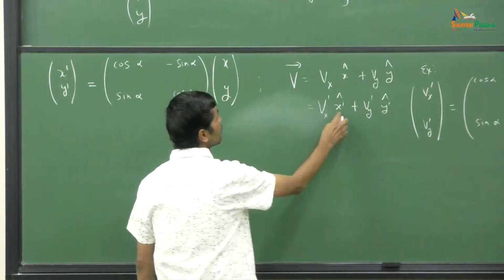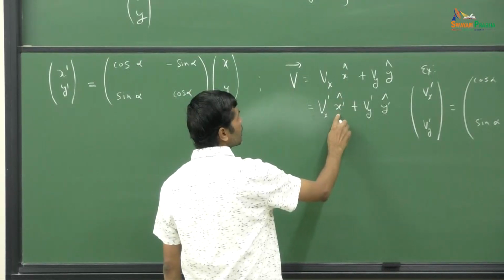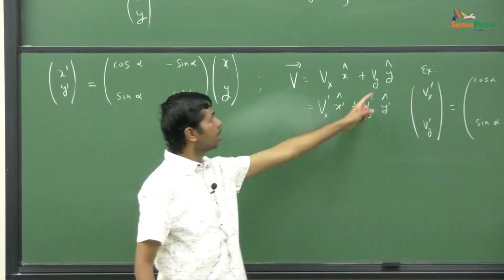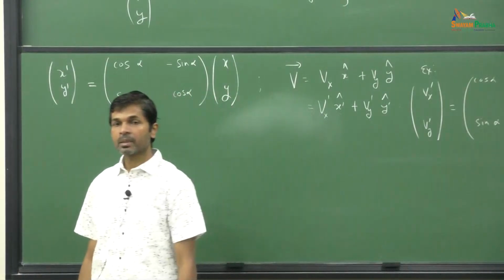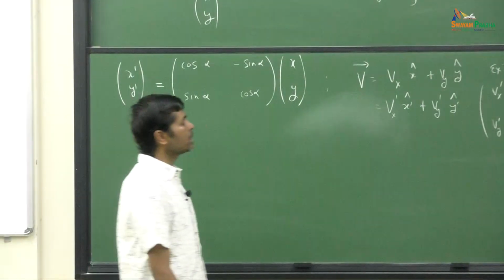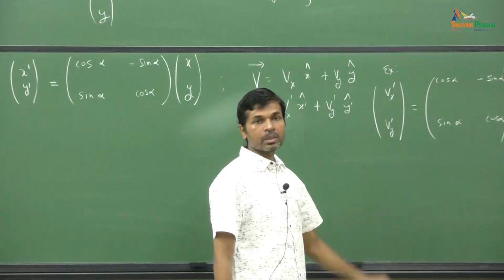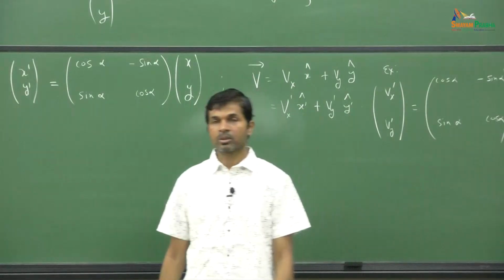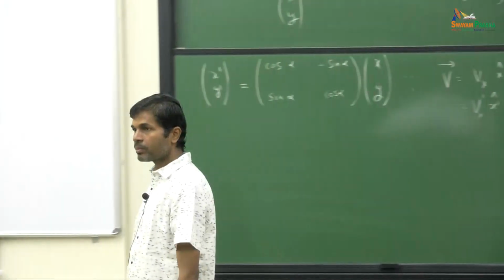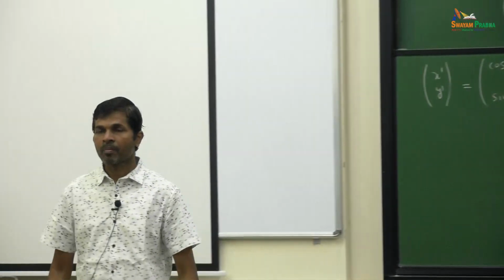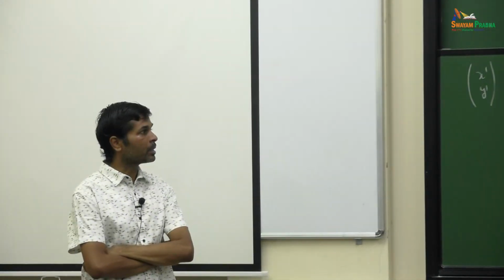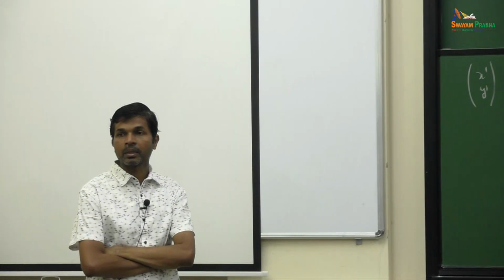Then you know how x prime y prime and x cap y cap are related. From that relation you can simply derive this relation. So this is how the components of a vector are given on a plane.